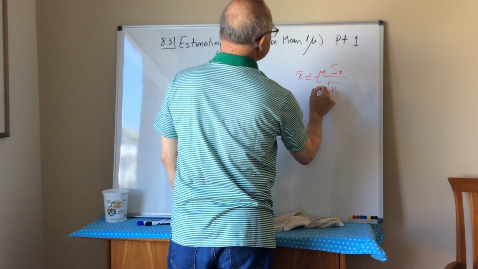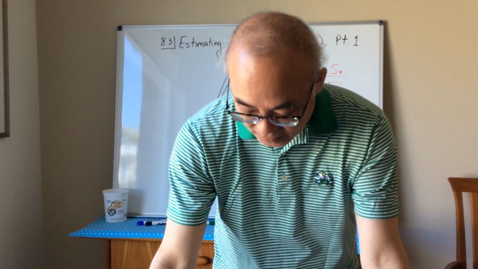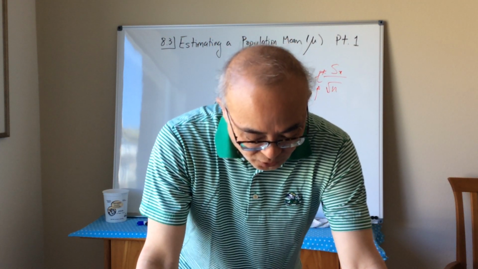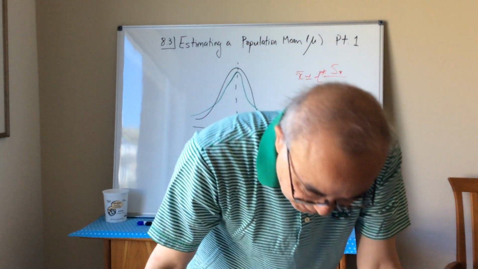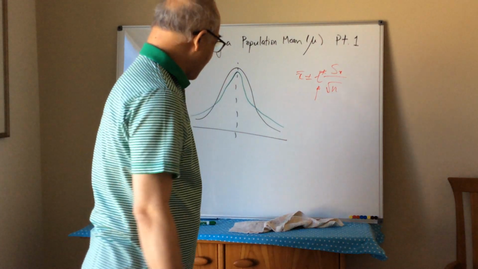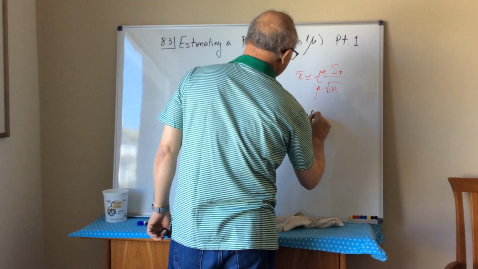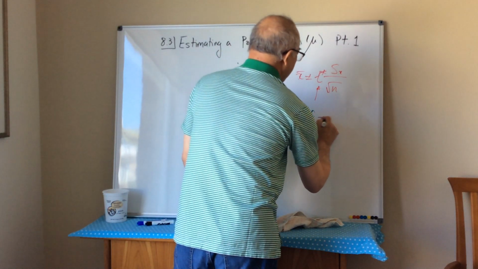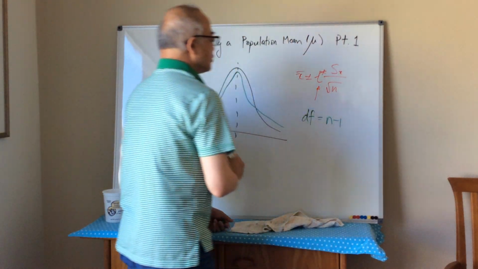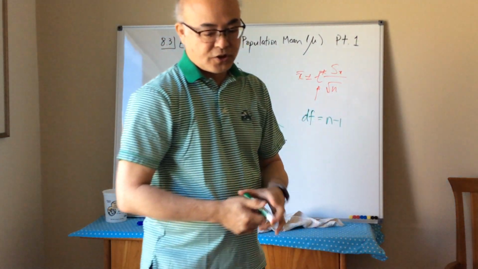This is the table for the critical values of t. On the far left column of that table, there is df, the degrees of freedom, which is defined as your sample size minus 1.